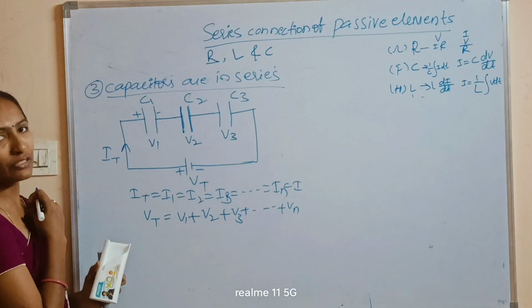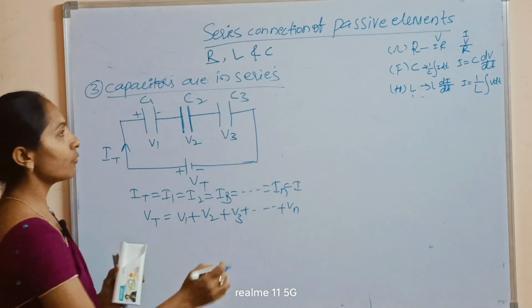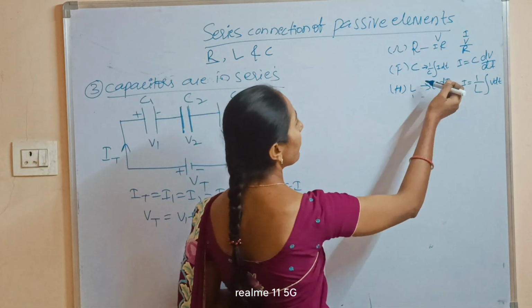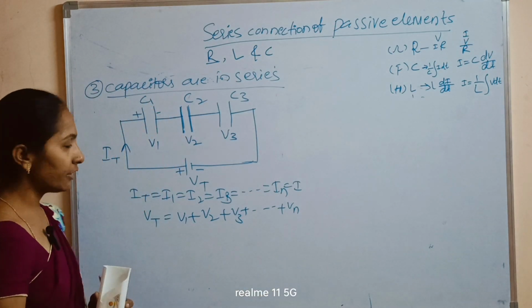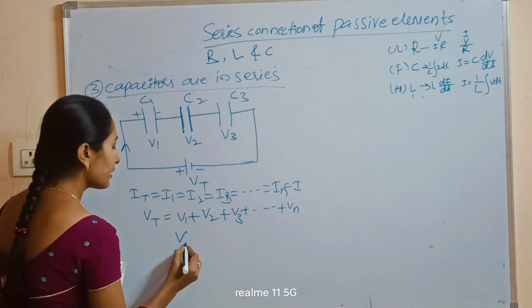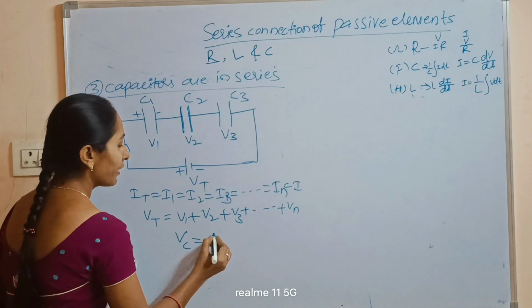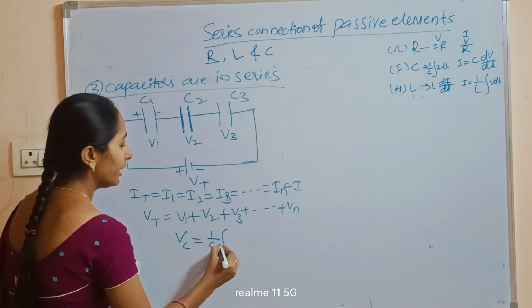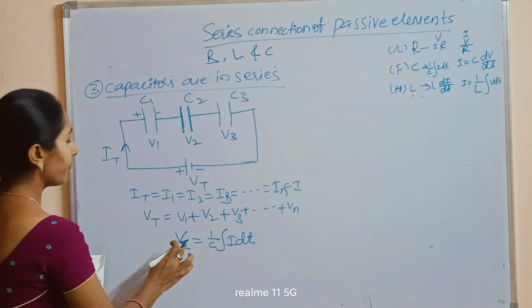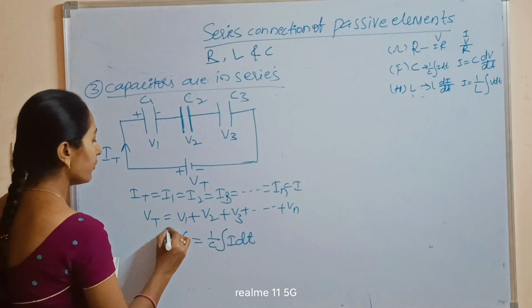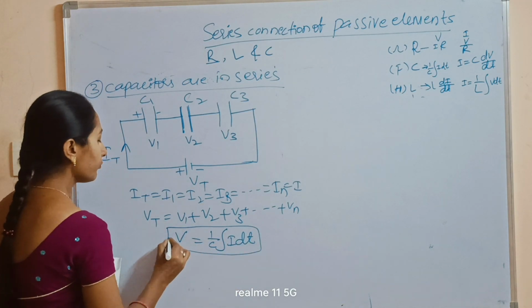Now coming to voltage equation in capacitor. What is the voltage equation in capacitor? That is 1 by C into integral of I dt. So voltage across capacitor is 1 by C into integration of I dt. This is the normal formula, voltage across capacitor.